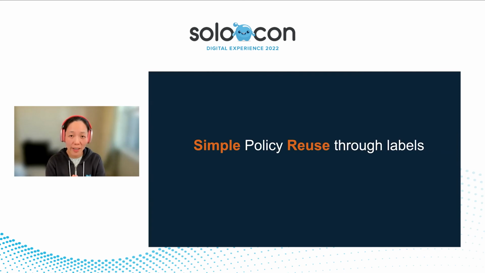What we're really looking at in the new API is having simple policy reuse through labels. We understand learning a policy takes a lot of time, and it's great to have Oliver be able to provide all these policies so the application team can pick which ones are relevant for them.